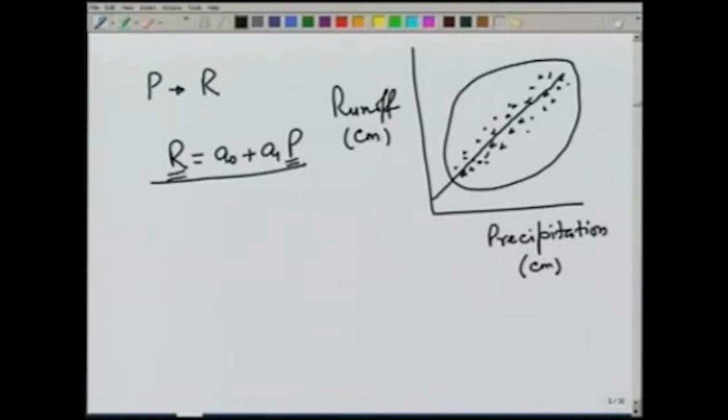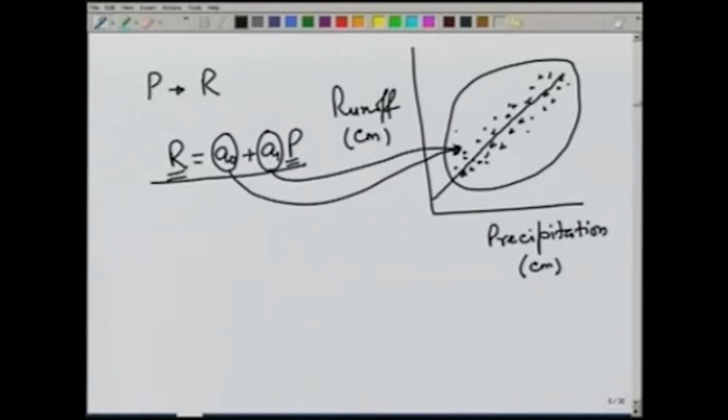Now, even if there is no precipitation, there may be some base flow. So, that is why for 0 precipitation also you may have a fixed or a finite amount of runoff. A0 and A1 would be obtained from the data.